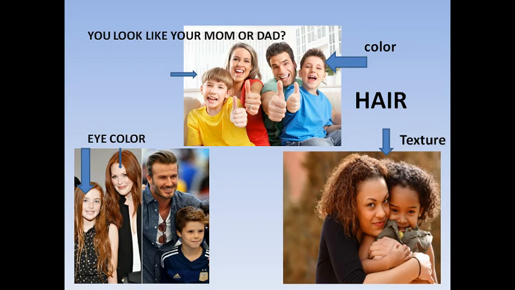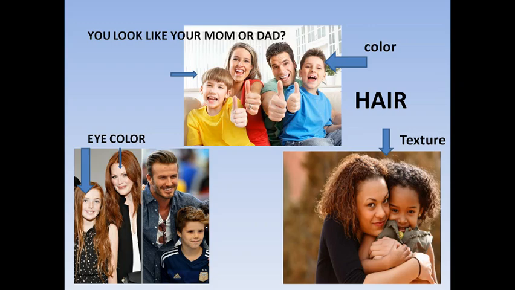So this passing of characters from parents to their offsprings, or from one generation to another, is called heredity. What I am saying is, the passing of characters or the transmission of characters from one generation to another.